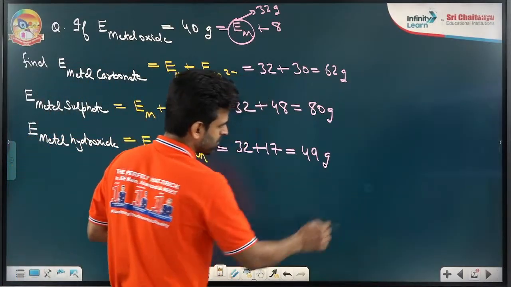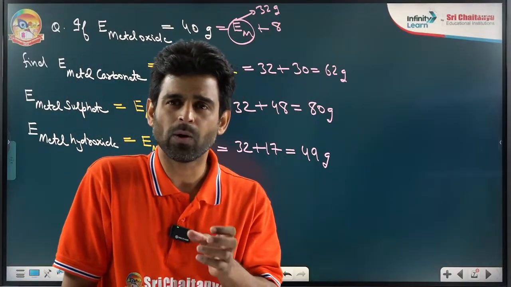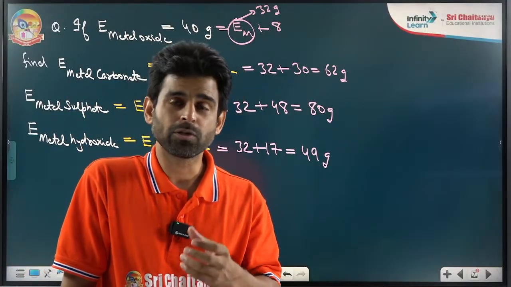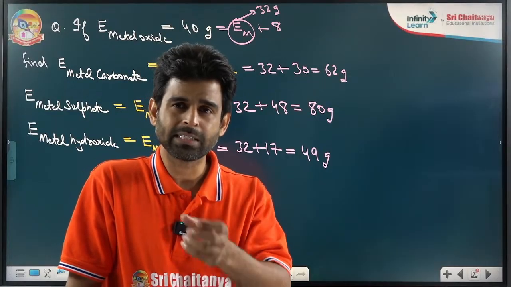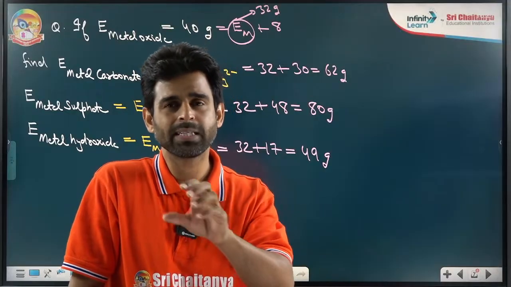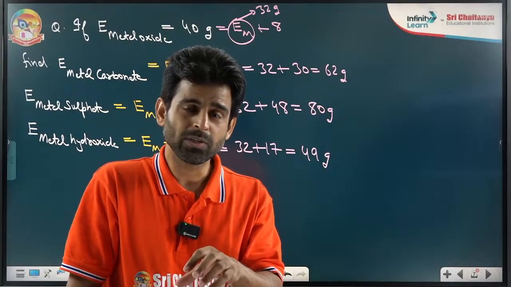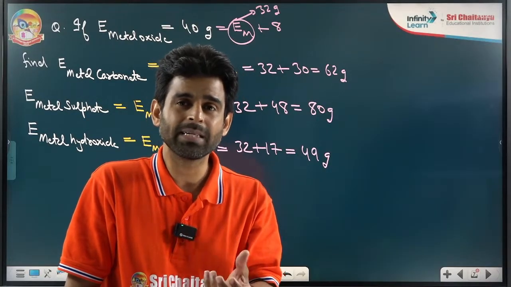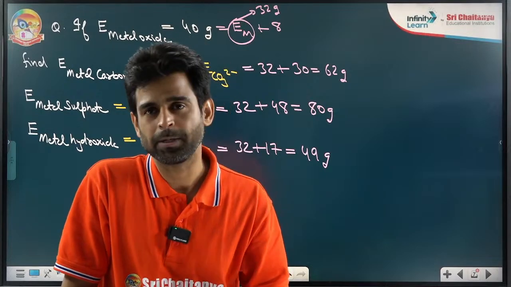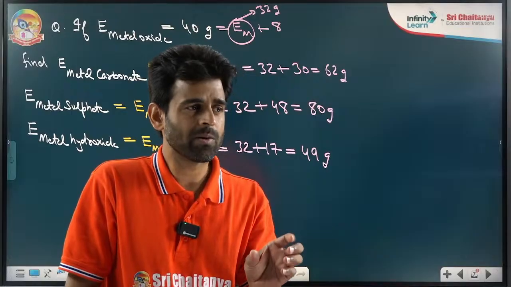For those types of questions, you should know a little bit about the oxidation state. If a question comes based on reactions, in the given reaction they will ask to find the N factor of a substance. So in those questions you have to find the oxidation state of those elements which are changing their oxidation state.